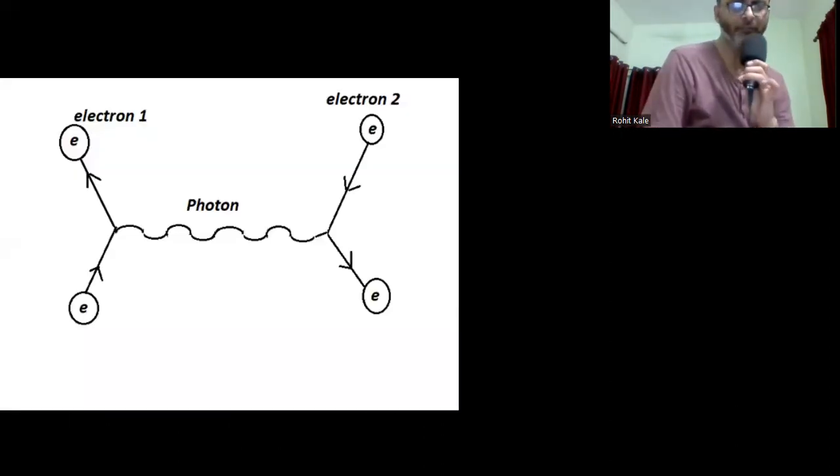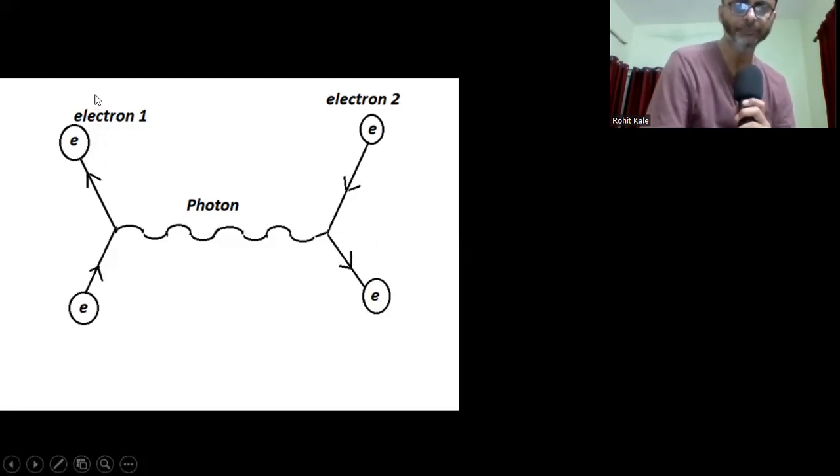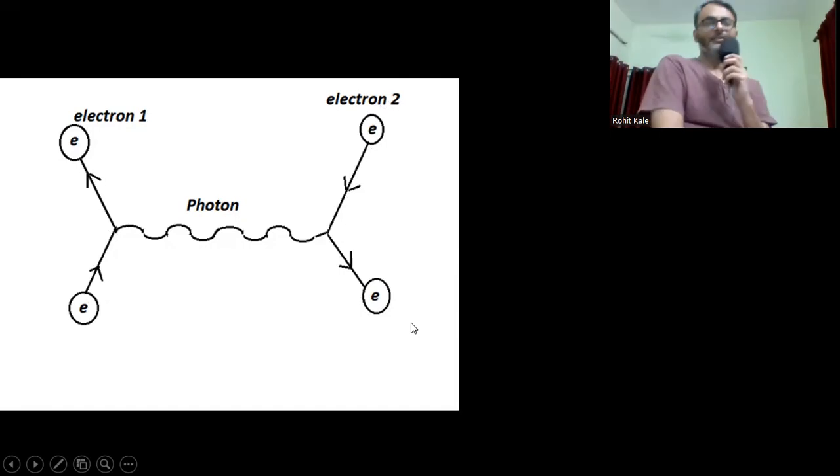So this is a typical Feynman diagram in which this is the first electron, and this is the second electron. This electron comes from here and approaches the second electron, which is going in this direction, and the photon is exchanged, and this electron is repelled, and this electron goes here.